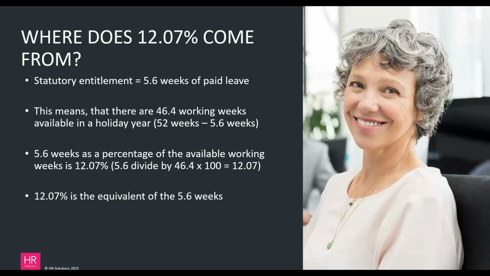If you take that away from your 52 weeks in a year, that leaves you with 46.4 working weeks that are available in any holiday year. 5.6 weeks as a percentage of the available working week is your 12.07%, because if you divide 5.6 by your 46.4 figure, times 100 to get it back to a percentage, that gives you your 12.07%. So essentially your 12.07% is the equivalent of saying 5.6 weeks.